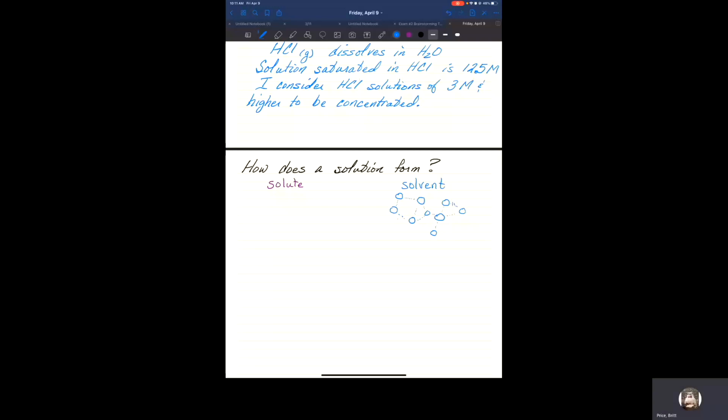So those are the funky little dotted lines. So IMFs between solvent particles.